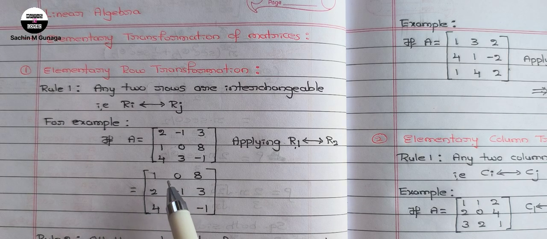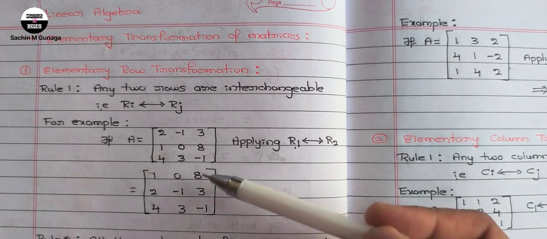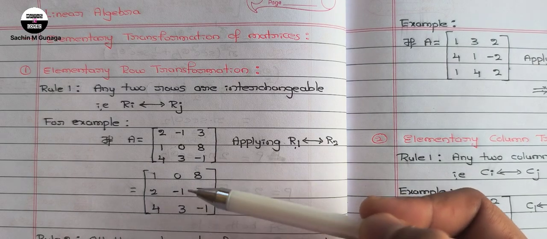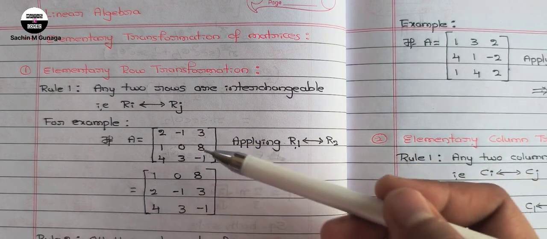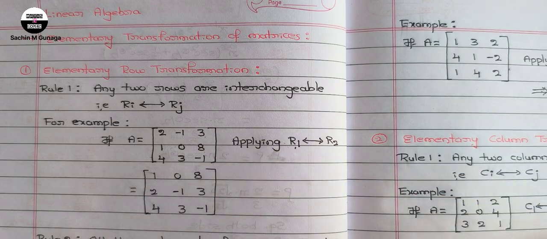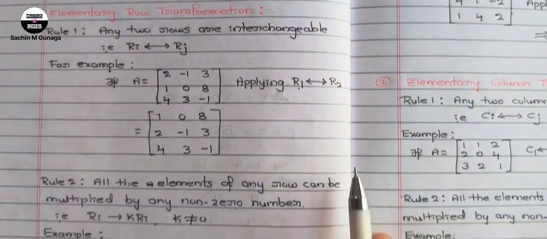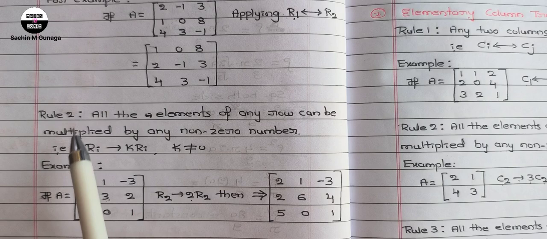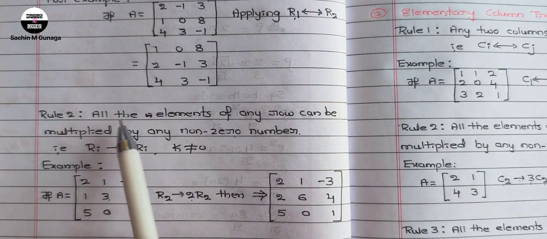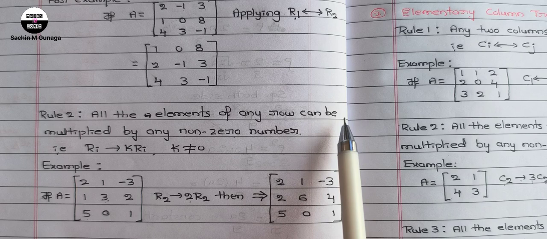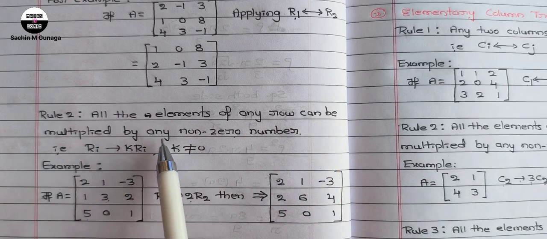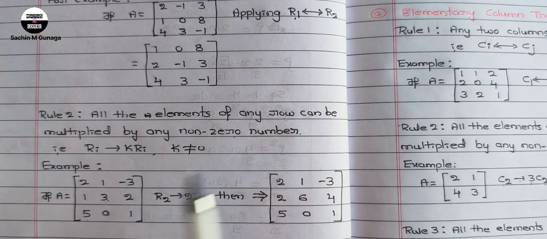So this is rule number 1: in the given matrix, any two rows we can interchange. Next, rule number 2: all the elements of any row can be multiplied by any non-zero number.